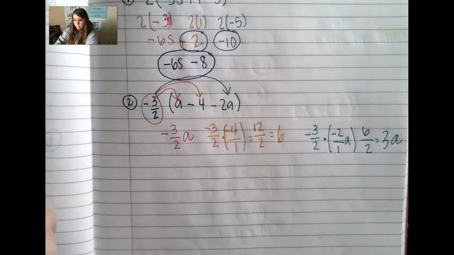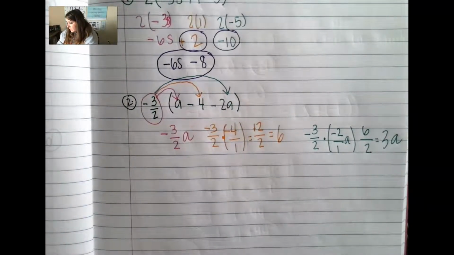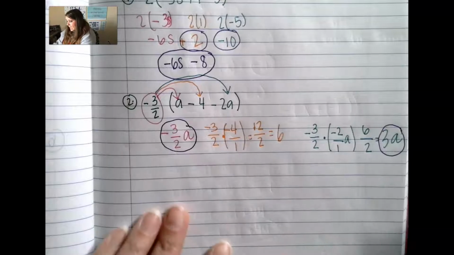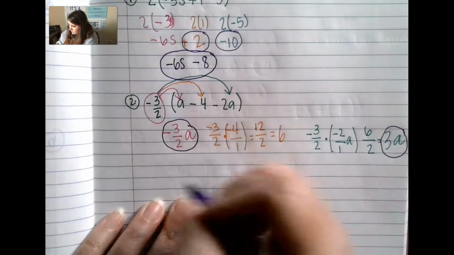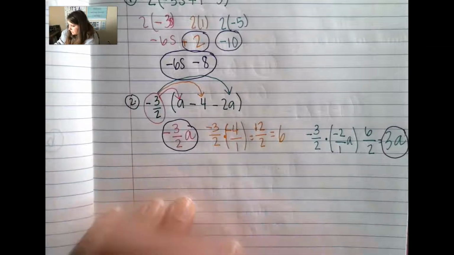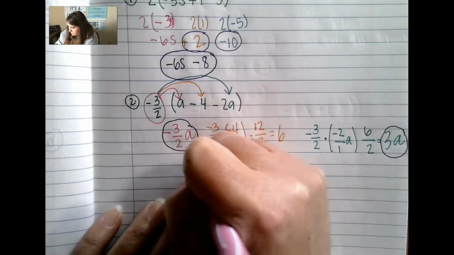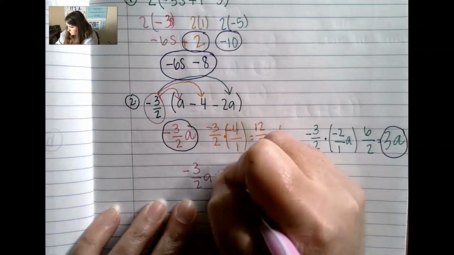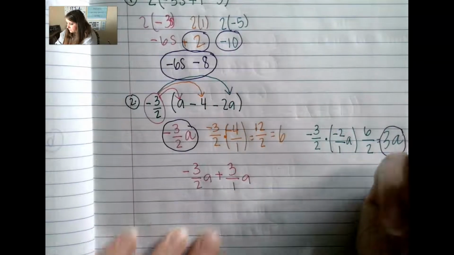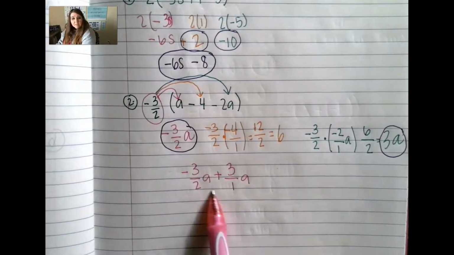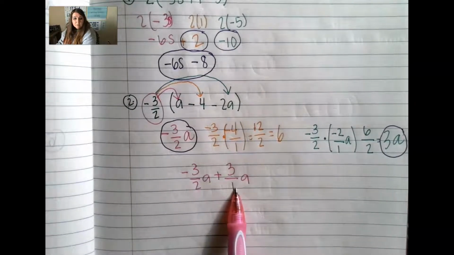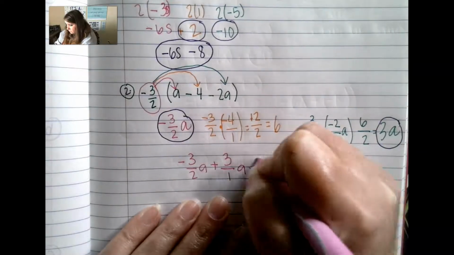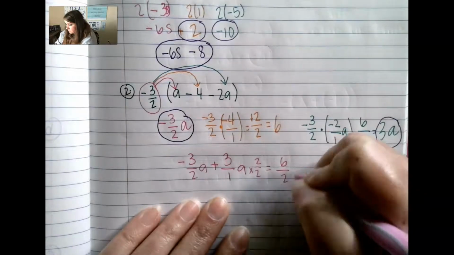All right, now I am ready to combine the things that are the same. I have negative 3 over 2 and 3a. So let's go ahead and rewrite this. So negative 3 over 2a plus 3 over 1a. Okay, I am not able to combine these because they do not have the same denominators. So I'm going to multiply times 2 over 2, and that gives me 6 over 2a.